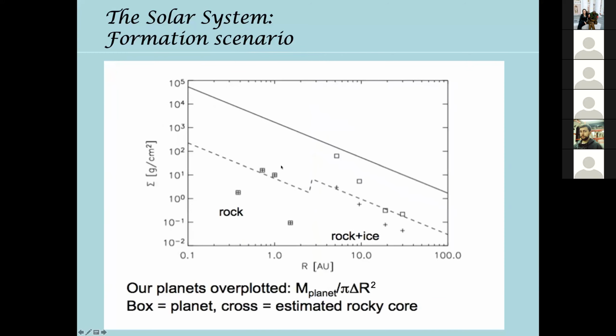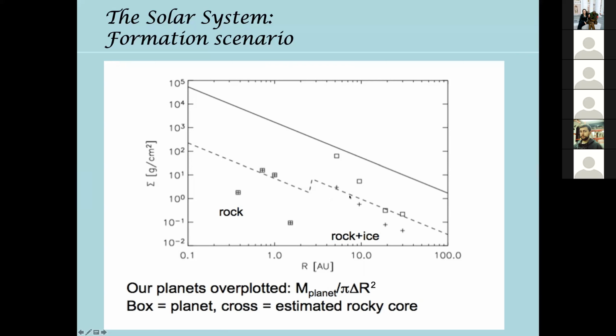And if you put our planets on top of them, you see that you have, of course, some dispersion. He has a very, very simplistic parametric formula, but each box here is a planet. The cross is the estimated rocky core. You can see that the rocky core of the terrestrial planet is basically coincident with the planet's total mass, in this case, surface density.